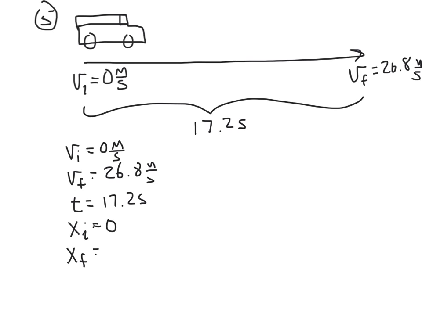Our x final is equal to, we don't know. I'm not sure why I wrote this above here, but x initial is equal to 0, if you look at the top by the bus. And I made a little mistake here. X final I wrote is equal to 0. It's not. I meant to write x final is equal to question mark.